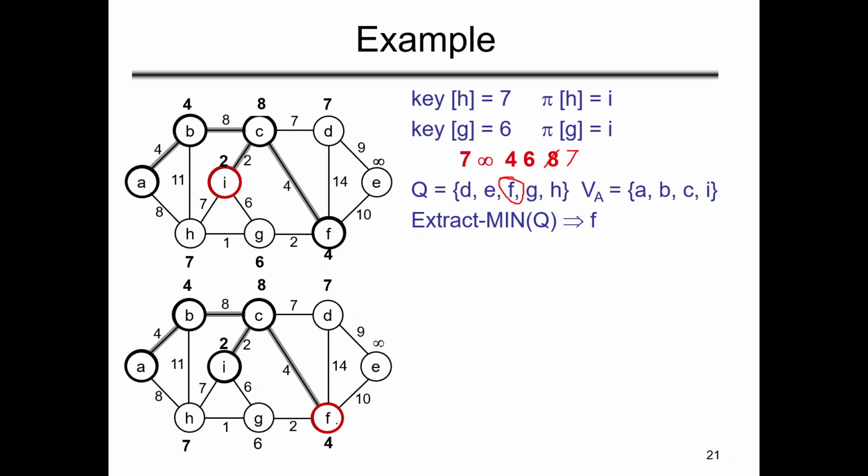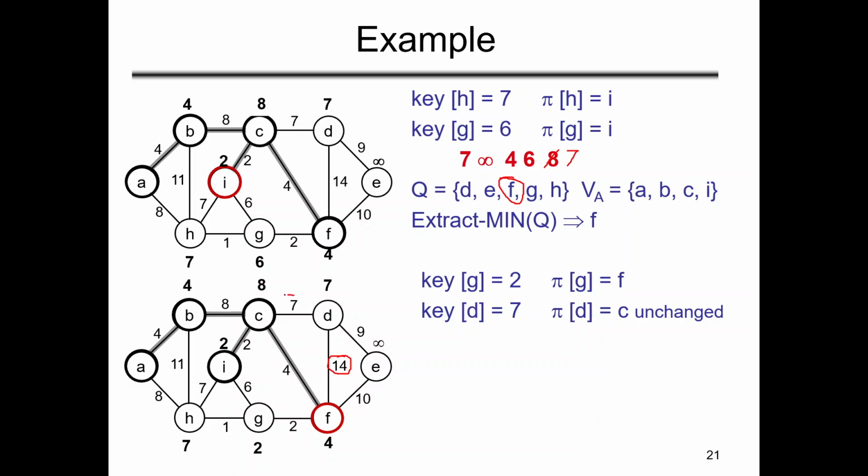From F, it is connected to E, G and D. So key of G is going to be 2. Key of D is going to be 14. But already we have a lower value with C to D, which is 7, so we will not change it.